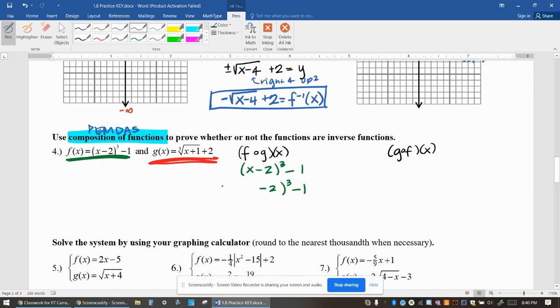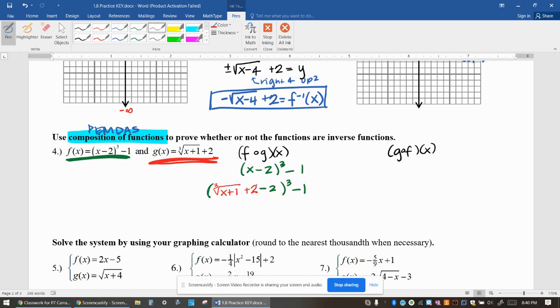Okay, so instead of x, I'm going to go ahead and replace this guy x, I'm going to put g of x. All right, so remember, you're plugging one function into the other. I'm going to simplify, so I'm going to do whatever's in the parentheses first.